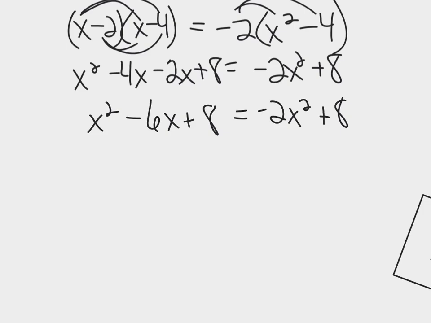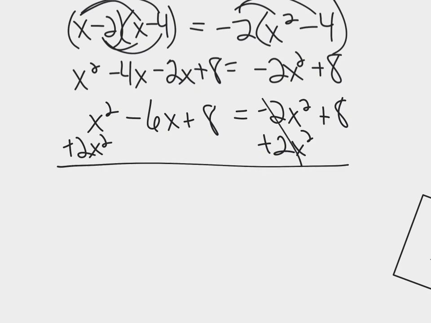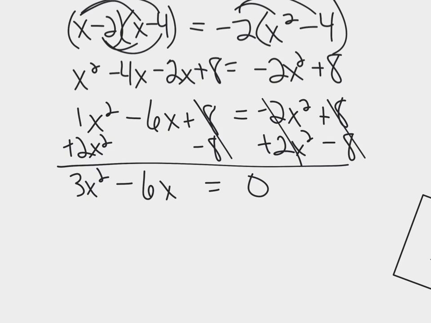We have squared terms, x terms, and constants, so we're going to want to set this equal to 0. If you like positive coefficients, I would suggest getting it to the left side, so that would be 3x squared minus 6x, and then you can subtract 8 on both sides, which those end up canceling actually.